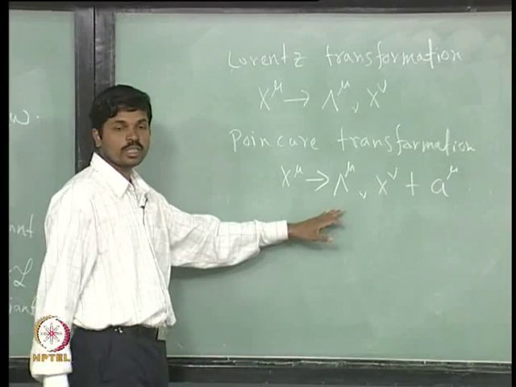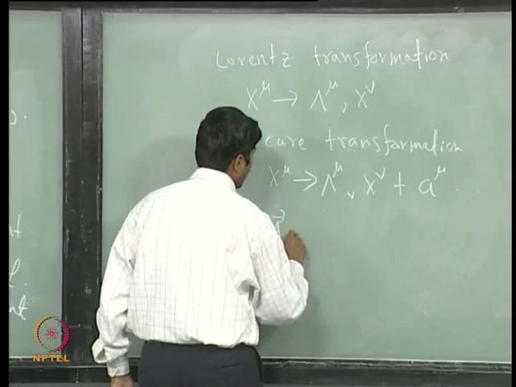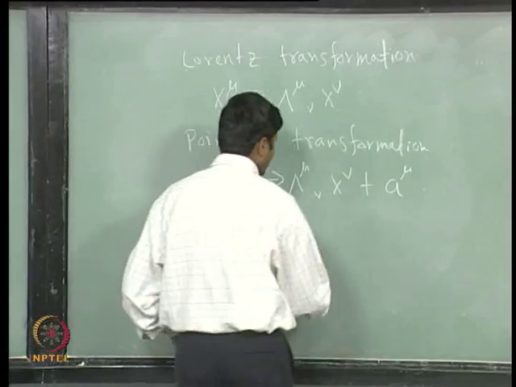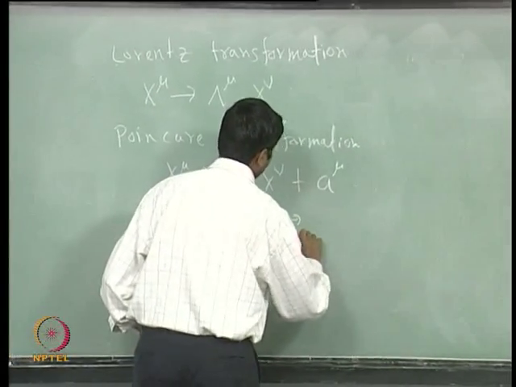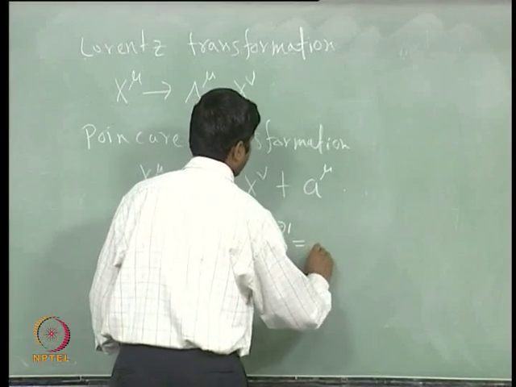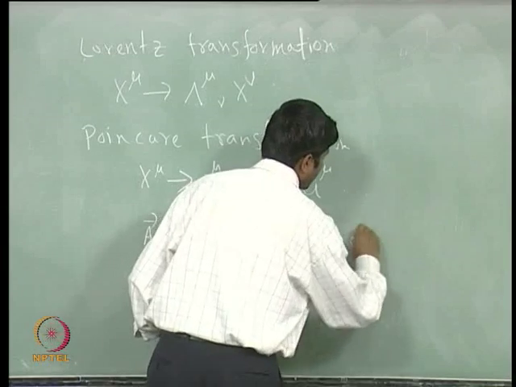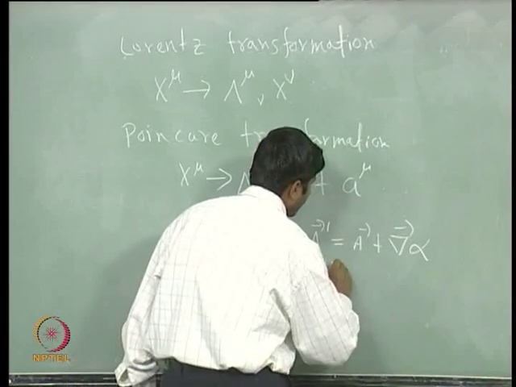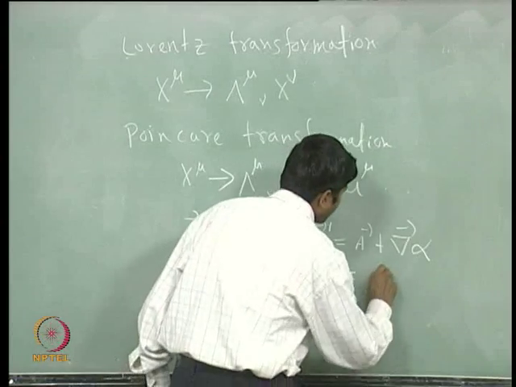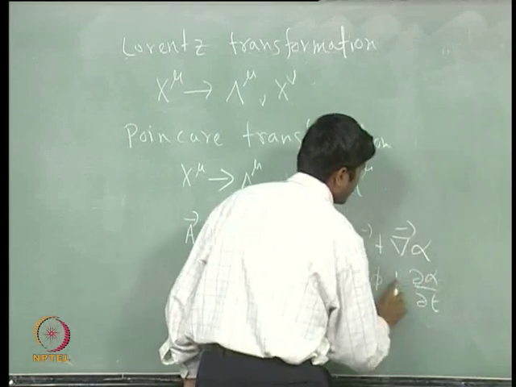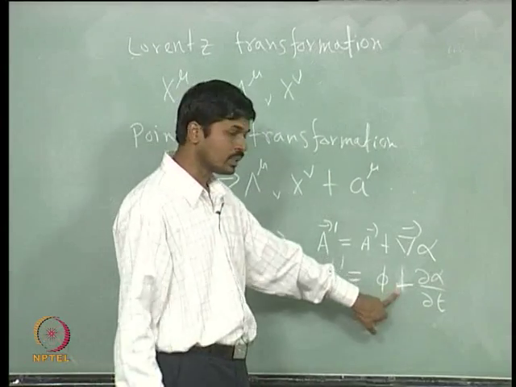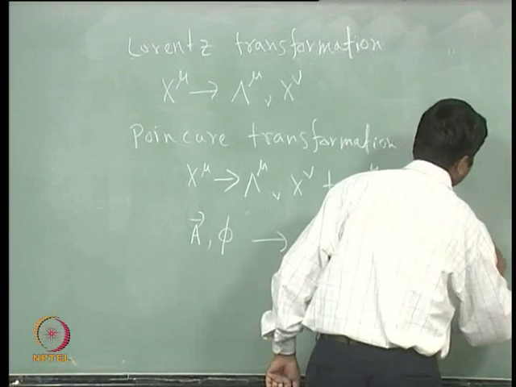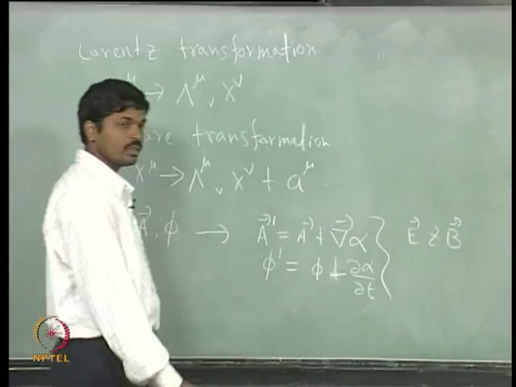Also, in electrodynamics there are the vector potential A and scalar potential phi, and if you make the transformation such that A goes to A prime, which is A plus gradient of some scalar which I will call alpha, and phi goes to phi prime, which is phi plus del alpha over del t, I am not sure about the minus sign, I think this is a minus sign here, then the electric and magnetic fields E and B remain invariant.